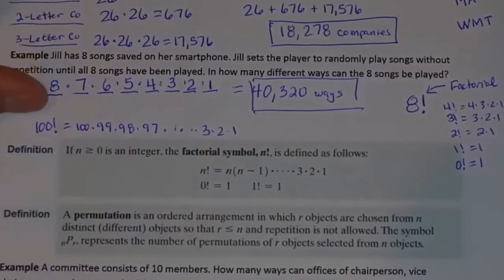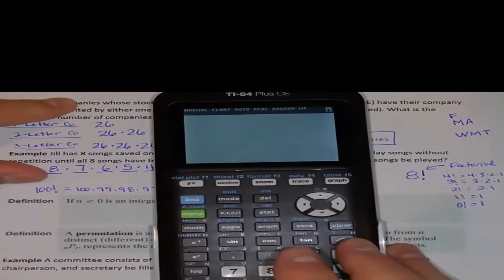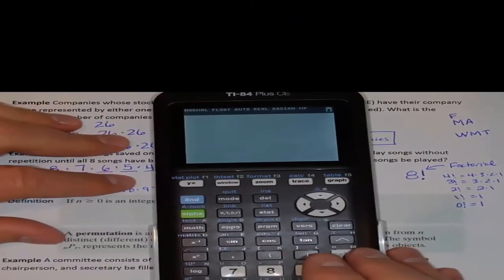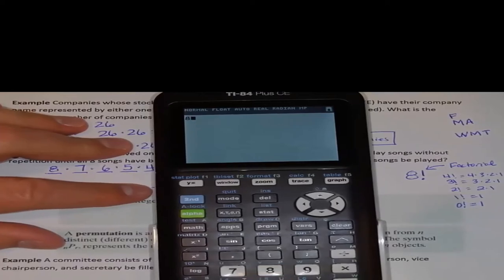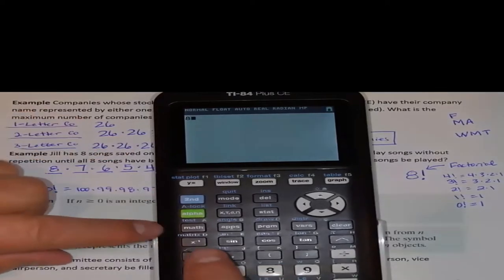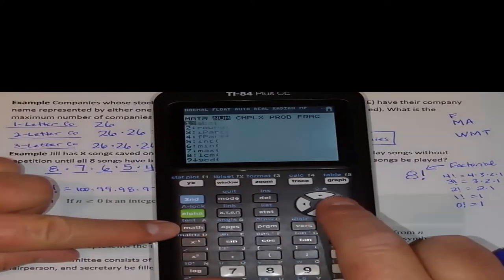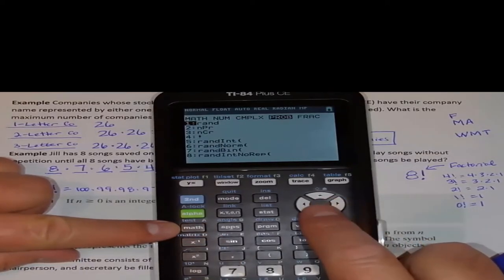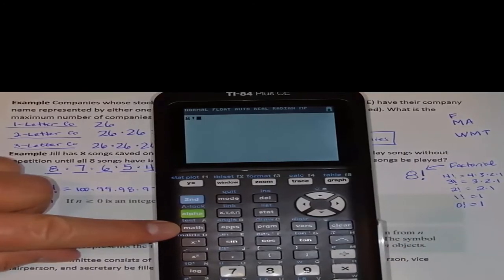Now, really quickly, your calculator has a factorial command on it that you can use. So if I want to calculate 8 factorial, I can type the number 8, and then I can go to the math button here, math, and then over to the probability menu. And on my calculator, it's number 4. So that is 8 factorial.